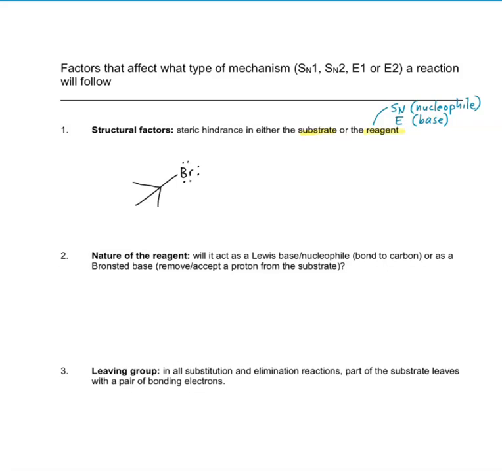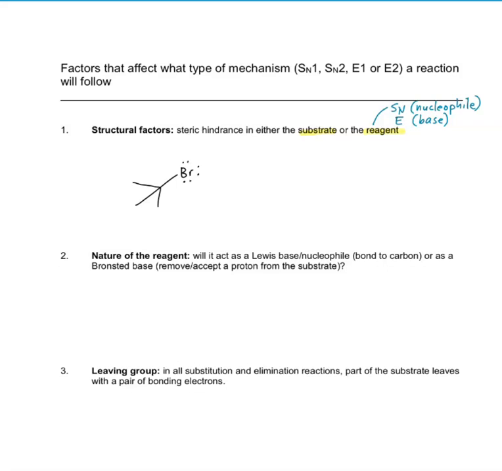Large groups getting too close, their electron clouds repel one another, and that raises the energy of that conformation. So that's strain. But steric hindrance is when you have two separate things trying to react with one another, and maybe some groups on one are too close to the groups on the other, and so they repel one another instead of attracting one another, and that prevents the reaction from happening either in a timely way or in some cases at all.